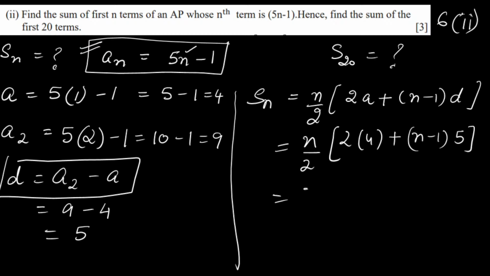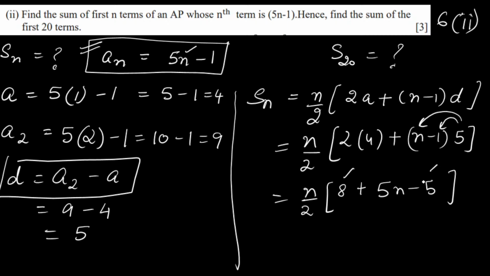So now we'll simplify this. This will be n by 2, 2 into 4 is 8. Here also bracket multiplication we can do, 5 will get multiplied. Now 8 and 5 are like terms. So 8 minus 5 is 3, 3 plus 5n.